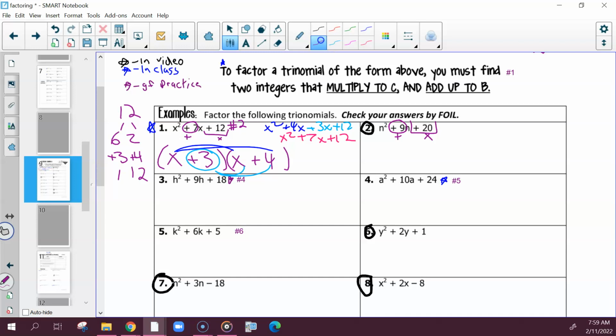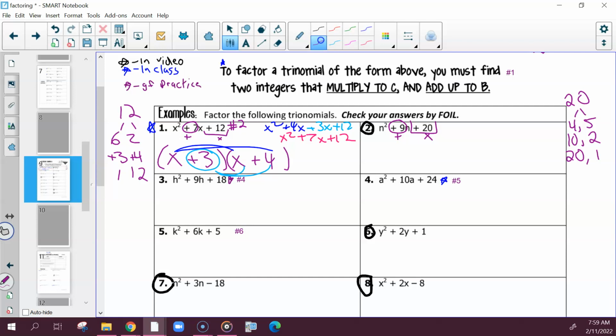So, factors of 20. 4 and 5. 10 and 2. 20 and 1. Of those factors, which would add together to be 9?